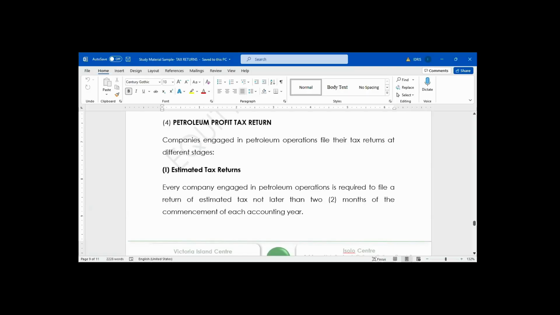They are the ones that file petroleum profit tax return.